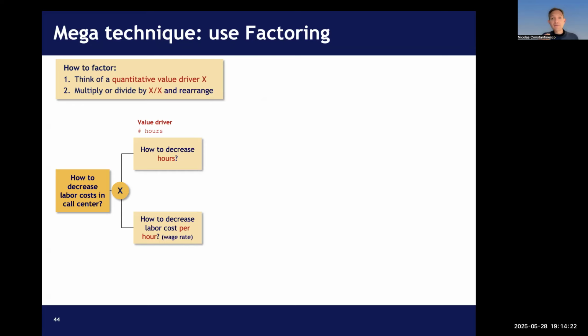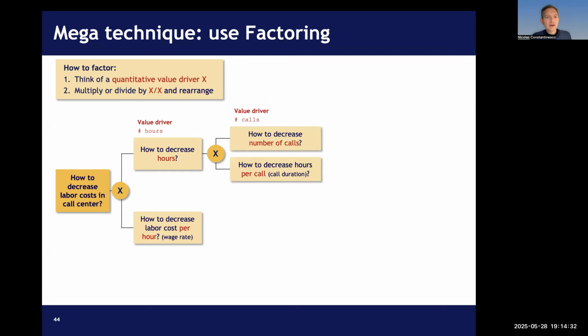So a direct driver of hours is how many calls we get. The more calls we get, the more we have to work, and vice versa. So how to decrease the number of calls, and then decrease hours per call, which is basically the call duration, is how much time we stay on the phone with each call.